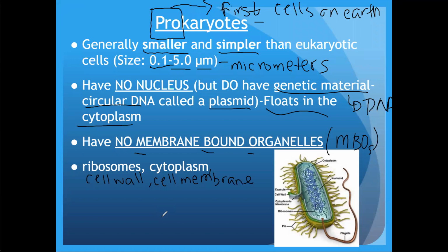So prokaryotes are super, super simple, and they don't need a whole lot. Since they were the first ones on Earth, they didn't need much to survive. So all they had were ribosomes, cytoplasm, cell wall, and cell membrane. They didn't need a lot of different organelles in order to survive. They just needed the bare minimum.